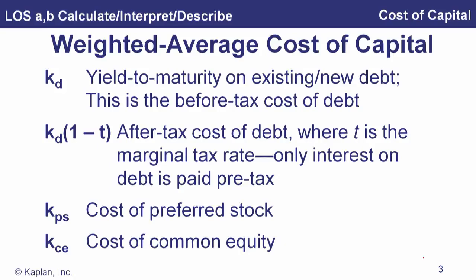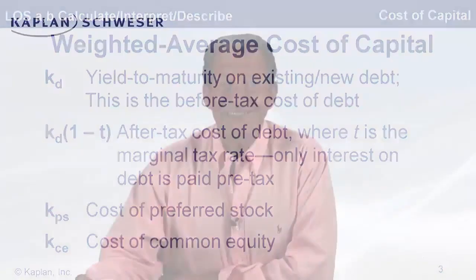And KD is the before-tax cost of debt, but because the interest costs on debt are tax deductible, we do have some tax savings from using debt compared to other sources of capital. So we want to use the after-tax cost of debt. Remember, our estimated cash flows for these capital projects are all after-tax cash flows.